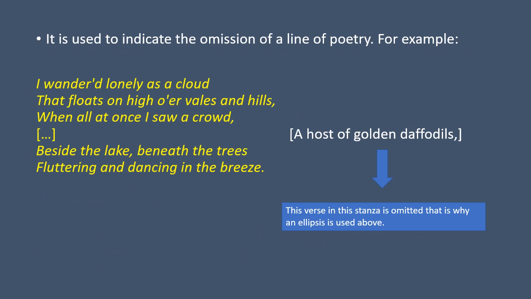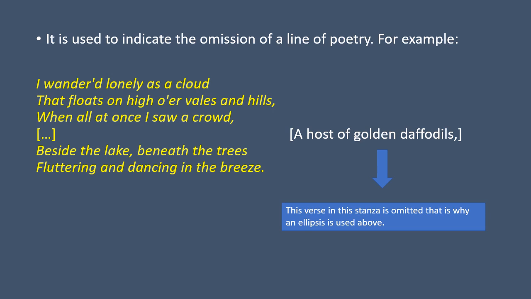Here's another example. It is used to indicate the omission of a line of poetry. For example, this is a stanza taken from a very famous poem, The Daffodils by William Wordsworth. "I wandered lonely as a cloud," and so on and so forth.